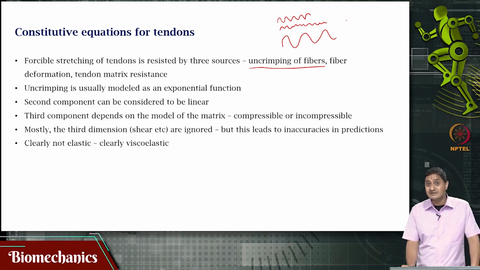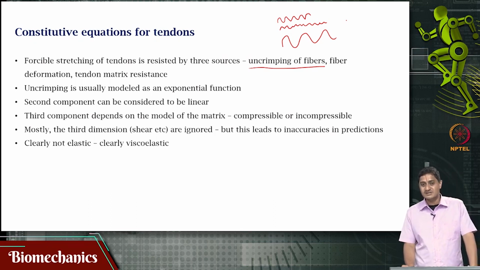So, there are other things other than collagen that form the tendon matrix. This tendon matrix also has mechanical properties, right. So, there is resistance offered by the tendon matrix, or matrix of tendinous materials, right. In this, the first source is the uncrimping of fibers. This is usually modeled as an exponential function, right.